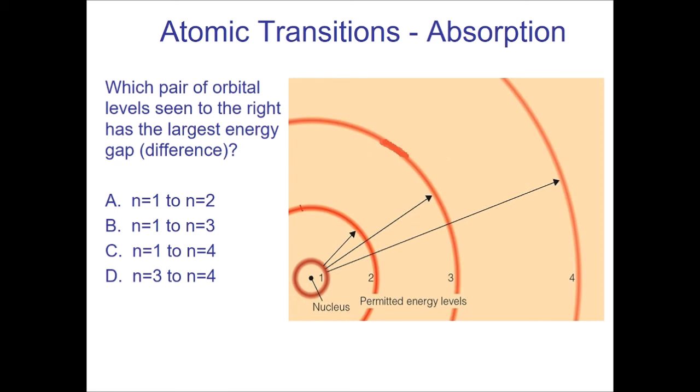The physical gaps here do correspond to how big of a step you have to take. So thinking about what's the biggest step here, think about that for a minute. The answer is C. The biggest physical gap is 1 to 4. It's the biggest step, therefore it requires the most amount of energy.